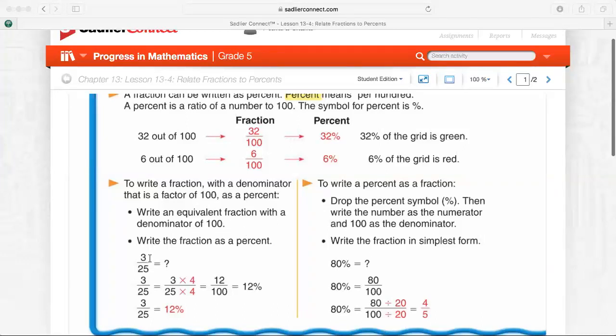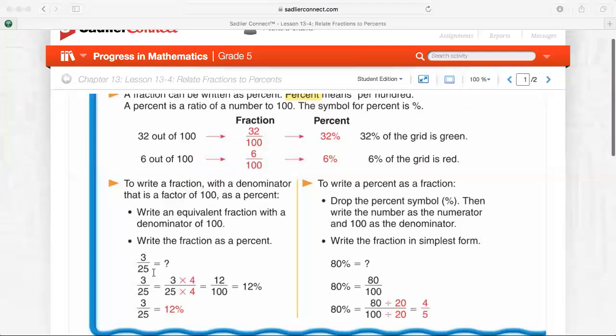If I have 3 over 25 and I want to write this fraction as a percent, can I write it 3%? Tell me, girls, yes or no? No, of course no, because in the denominator I don't have 100.